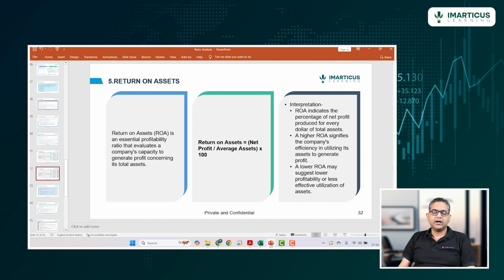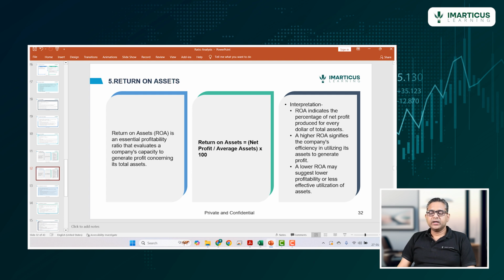So we have to synchronize it; we have used the average of the balance sheet item, average assets, so that it also reflects a value for a period. So that's why it is calculated as net profit upon average assets into 100. This is telling us what returns, what profits the company is able to generate using its average total assets.